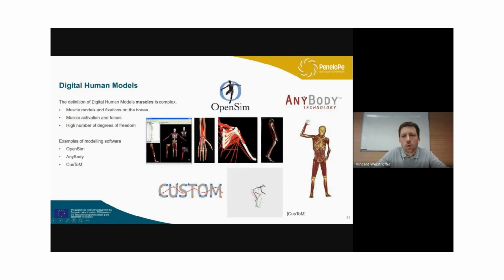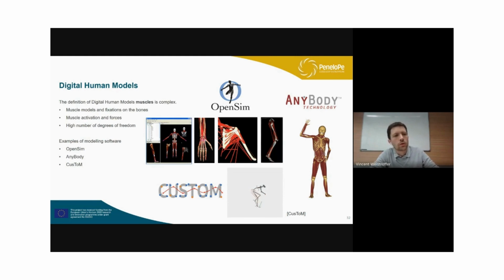But when you add muscles, then the number of degrees of freedom is really increasing, and it also gives you more complexity in how to control these muscles in order to give specific positions of the bones. So it's quite complex, and you have dedicated software to help you model these muscles on your digital human model.